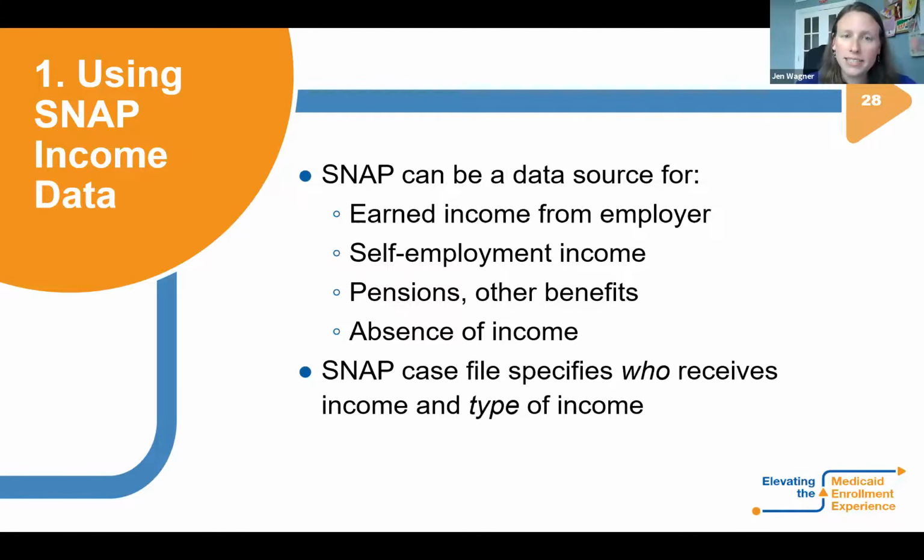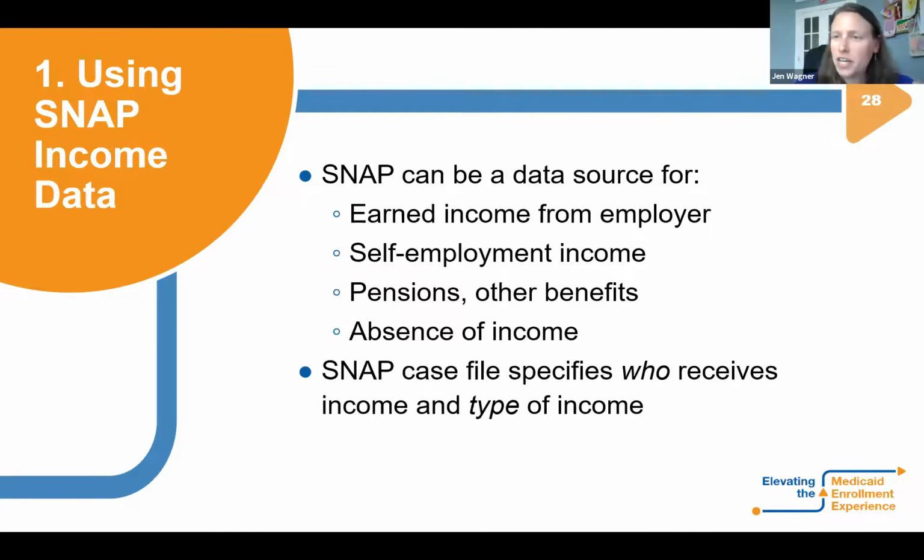But if the person's on SNAP as well, they recently provided that information through that pathway, and that can be leveraged for Medicaid. Similarly, there are other benefits, like a private pension, that can't be verified in electronic data sources, but would have been verified recently and thoroughly for SNAP and can be used for Medicaid.